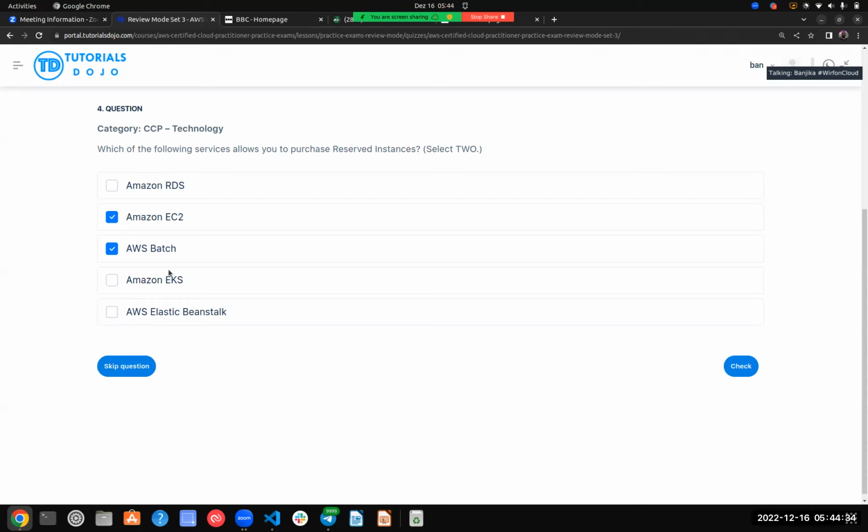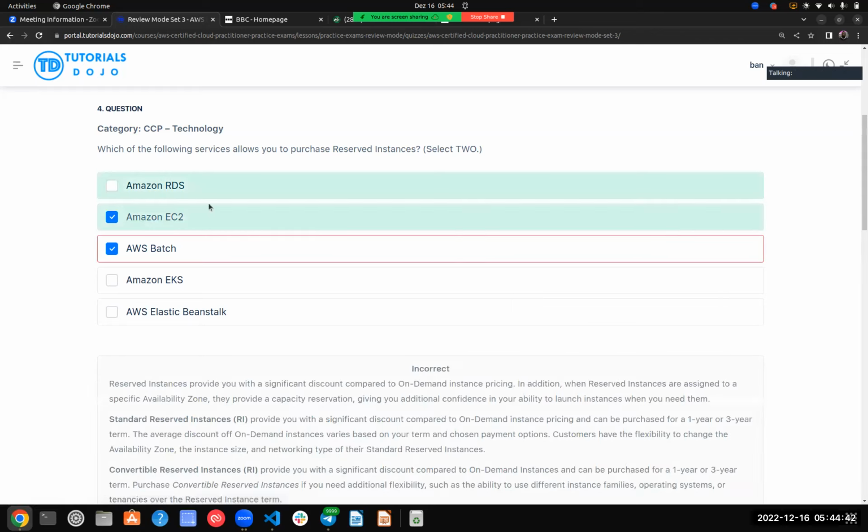That's Edwin. We lost Silas. Okay, let's check and see. So it's A and B. So Amazon RDS and Amazon ECS. That's where we always have reserved instances.